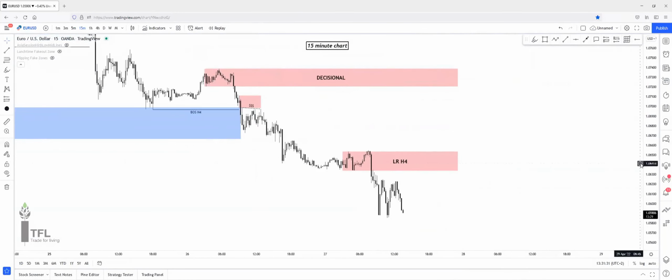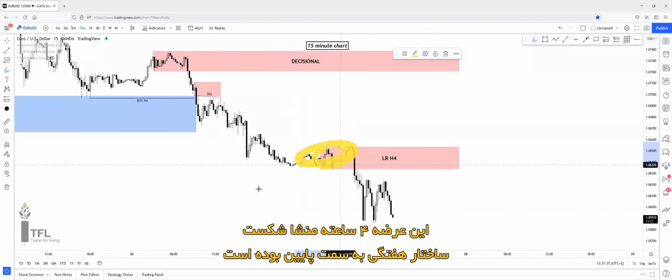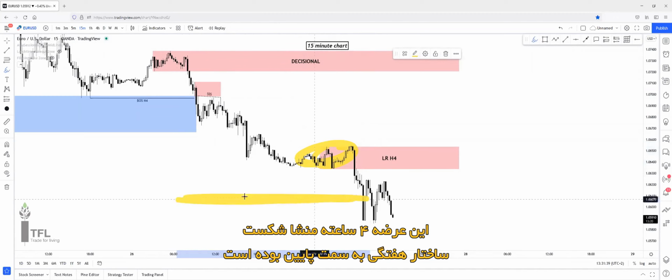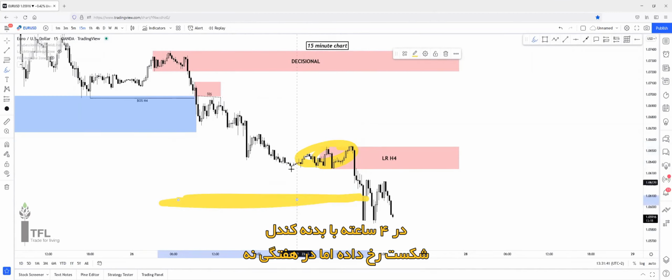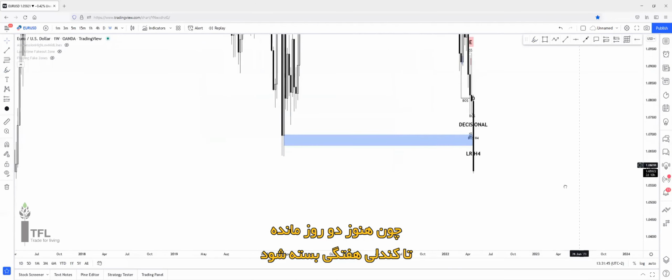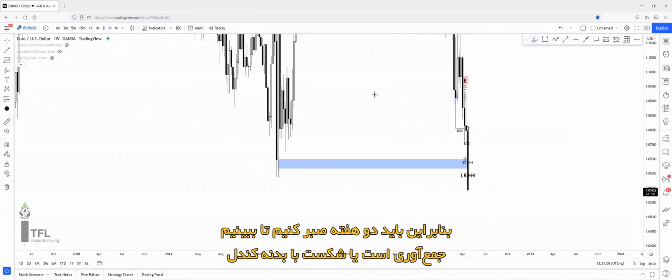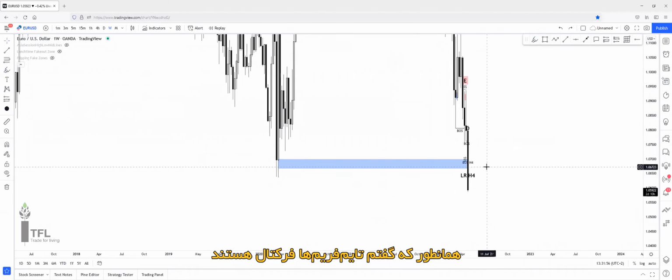So, okay. This was the last recent 4-hour supply zone that has caused the weekly breakout structure. Do you remember? This 4-hour supply caused the weekly structural break to the downside with body closure. I mean, on the weekly chart, there wasn't even a body closure because there's still 2 days left until the week closure. So we have to wait 2 days to see if this was a body closure or just a liquidity collection, because as I said, timeframes are fractal.